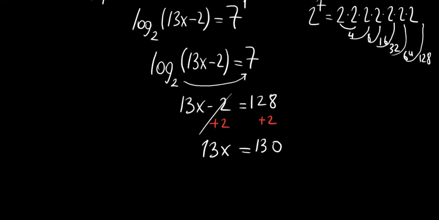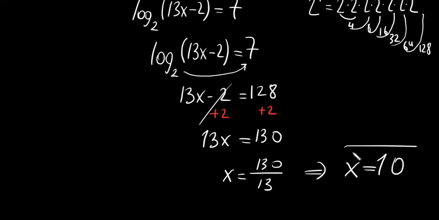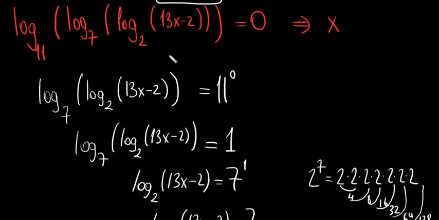So if we just divide 130 by 13, we are going to get the answer. So x is going to be 10. Alright, so the solution to this equation is going to be equal to 10. So the value of x here is 10.